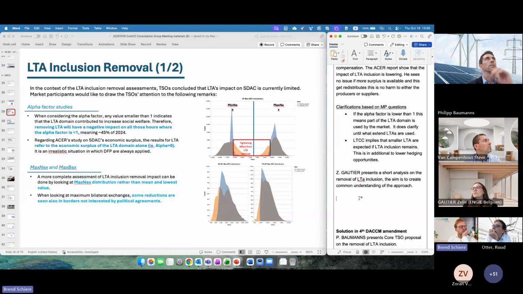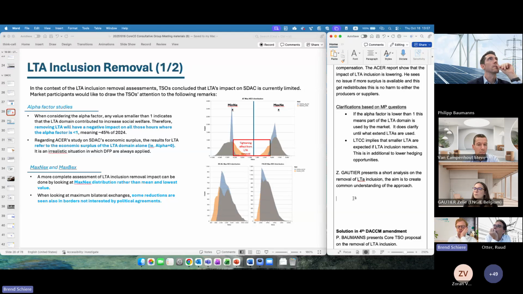Then the second part of the study was to react on the figures regarding the impact of removing the LTA inclusion on the capacity that was provided to the market. So what TSOs showed in the last Core CG was basically an assessment of how the max net export position of the countries changes if we include the LTA or not.